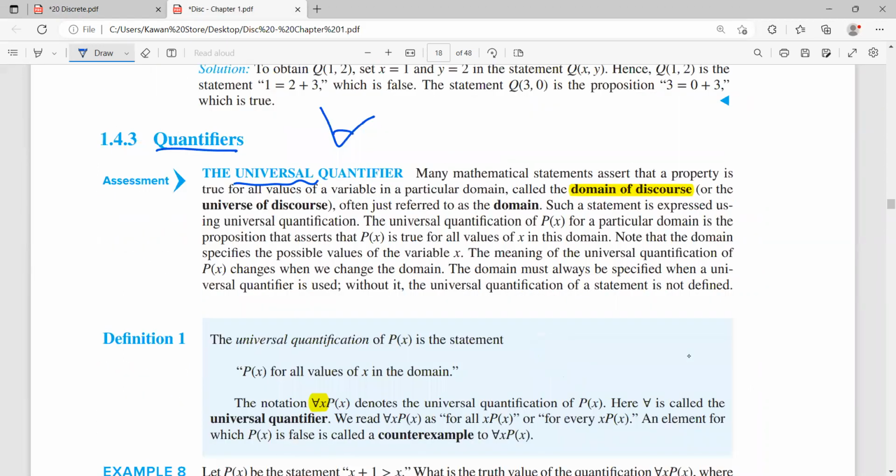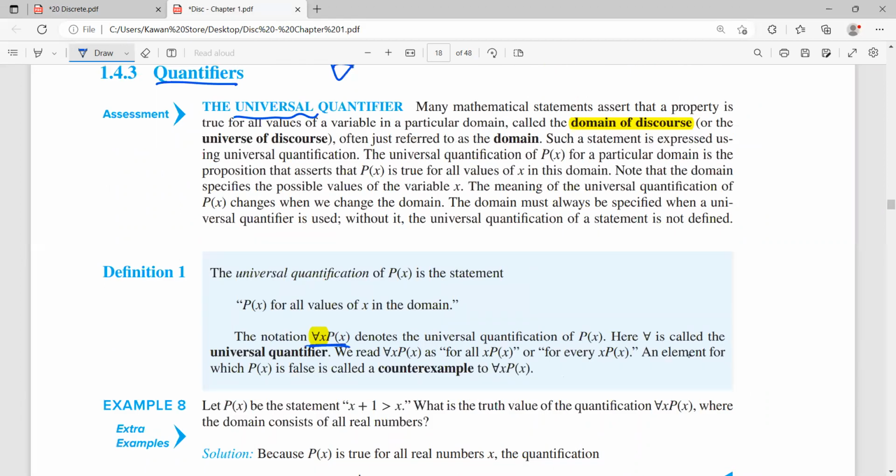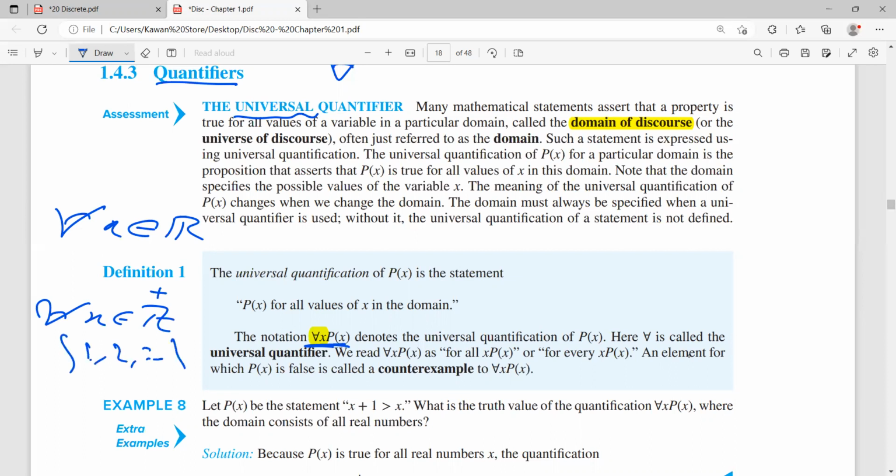So I'm going to the example to know we need them. Here's the symbol, the domain. For example, they say for all x. If I say for all x in R, that means all real numbers, right? When I say for all x in positive integers, that means from 1 till infinity. I mean that one. If your example is from 0, or if your example is minus, it does not fit my statement.